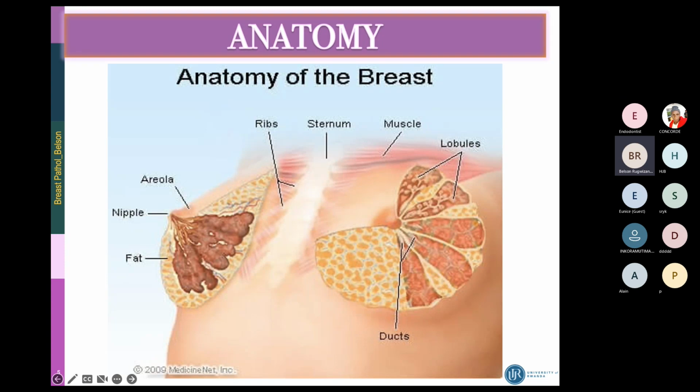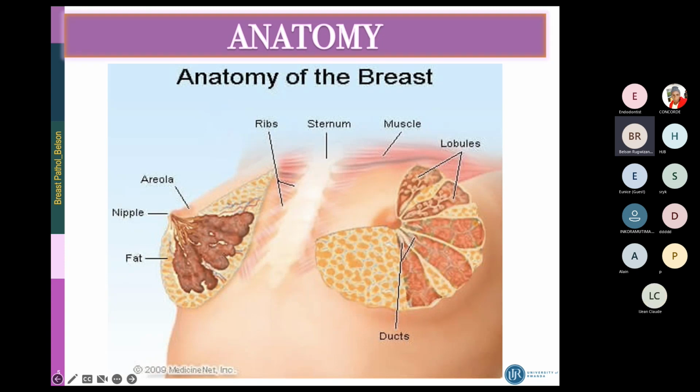The nipple is the one the baby uses to suck the milk. But around it, we have an area which is usually brownish, and this is the areola.